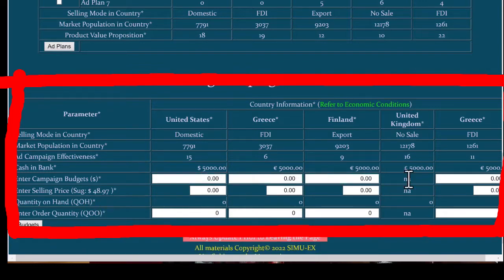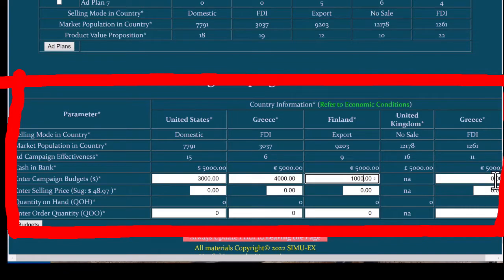In a market where we have extremely high value proposition, in a market where the ad campaign is extremely effective, we would then want to promote the product much more extensively. And this would give us the ability to make more individuals aware that our product exists. And that is the purpose of promotion, is to make the demographic aware of the product.